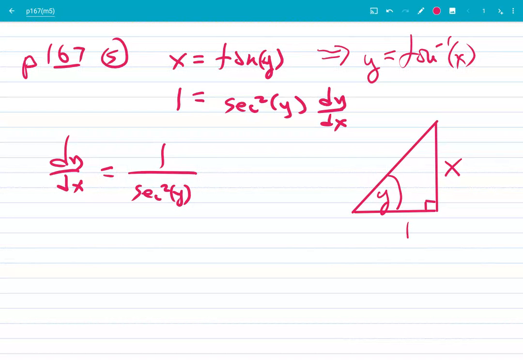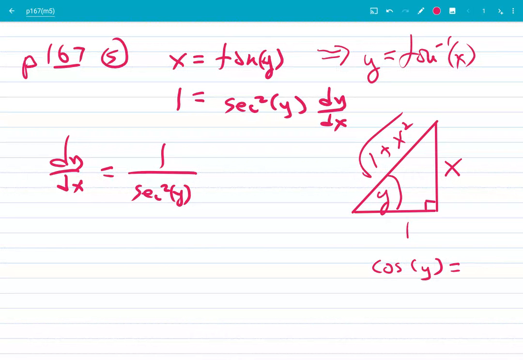Okay, so how do you get the secant? Well, the secant, again, like we said, is 1 over cosine, isn't it? So let's figure out the cosine of y. What's the cosine of y? Well, that's going to be the adjacent over hypotenuse, Sohcahtoa. What's the hypotenuse? According to Pythagoras, the square root of 1 plus x squared is the hypotenuse, right?